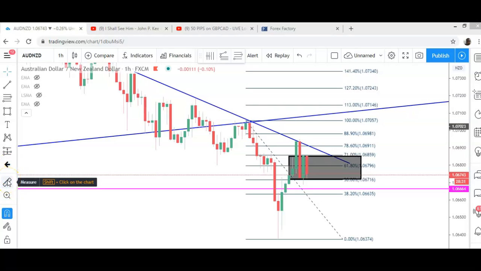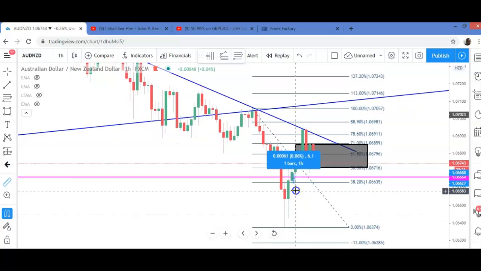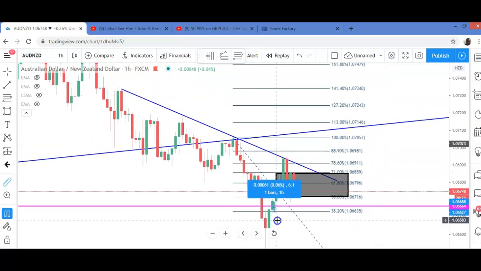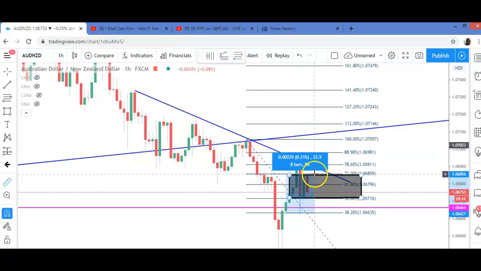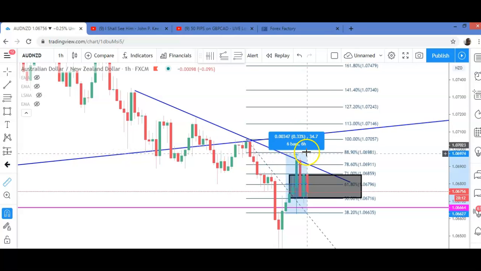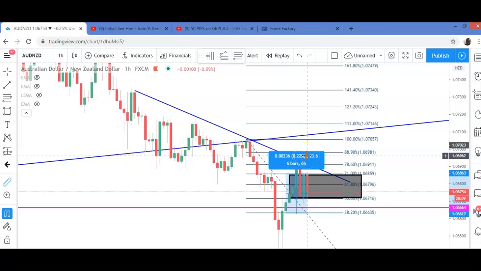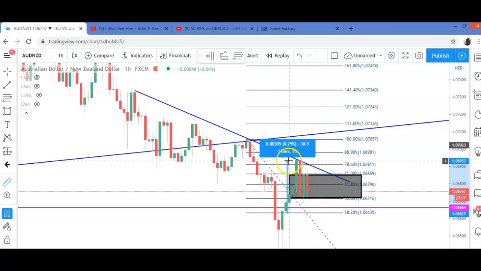So guys, if you took this trade with me and you got in around here, let's say if you came up to our triangle box, you made 22 pips, which was the goal.